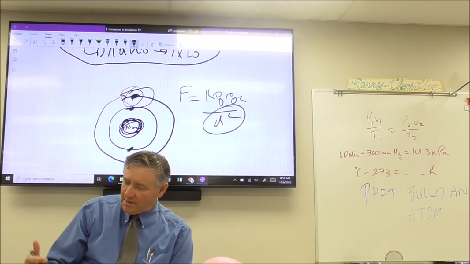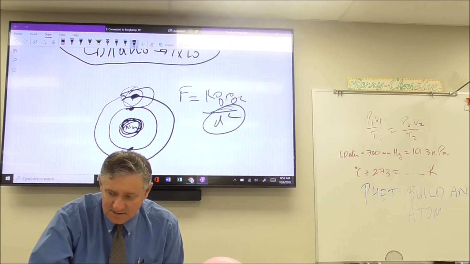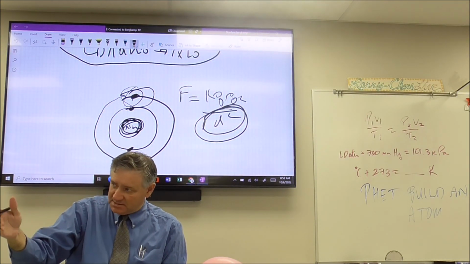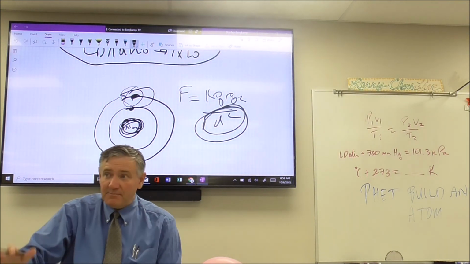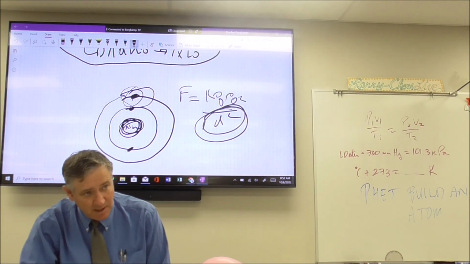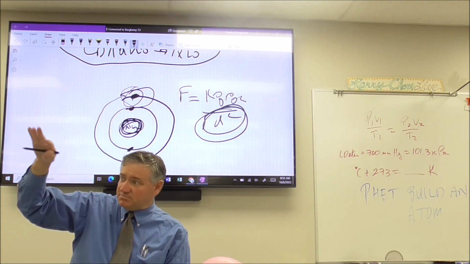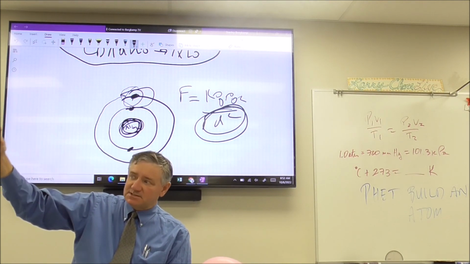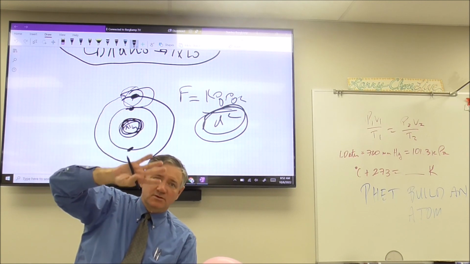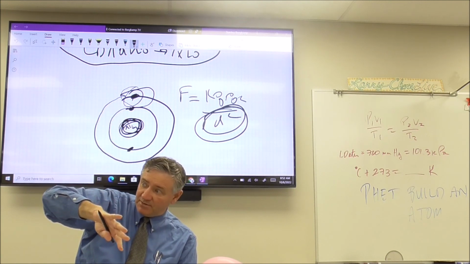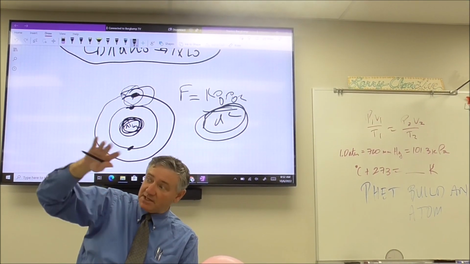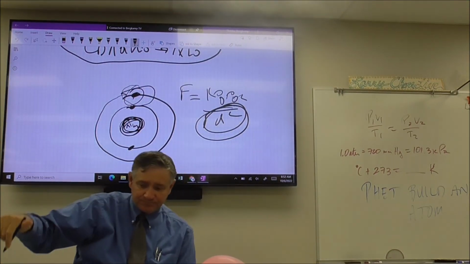Mathematically, because that distance is squared, if you change the distance, that makes more of a difference than if you change the amount of charge, because the charge is just multiplied together, but the distance is squared. If you double the distance, you decrease the force by a factor of 4. If you triple the distance, it goes down by a factor of 9, because it's d squared.